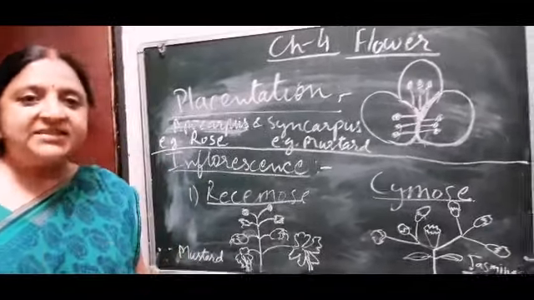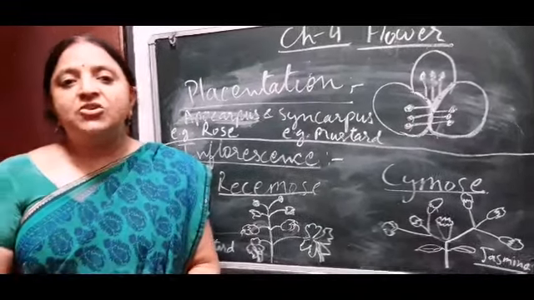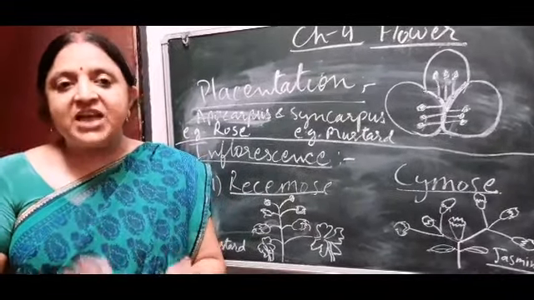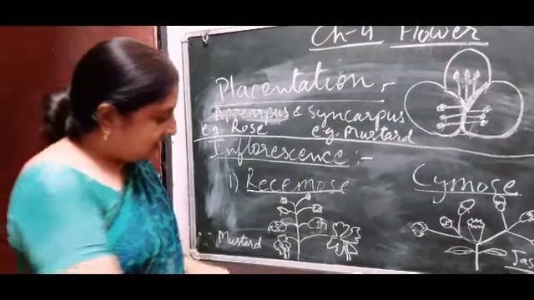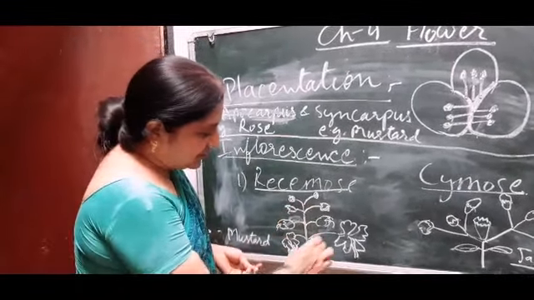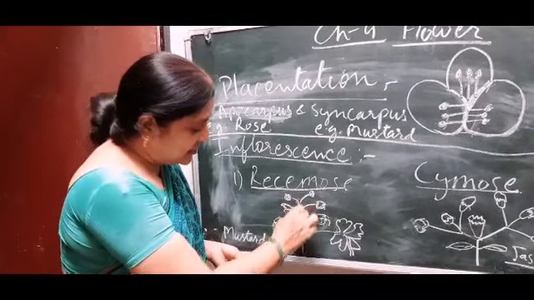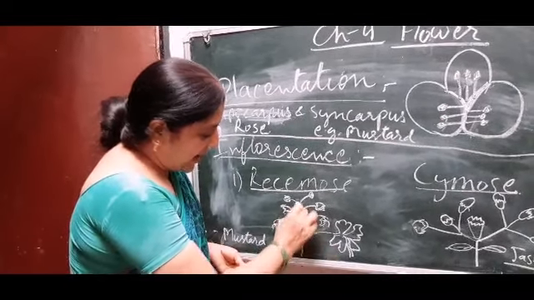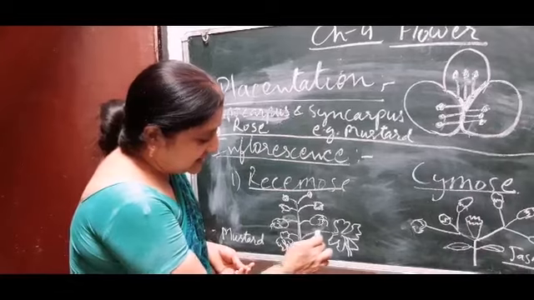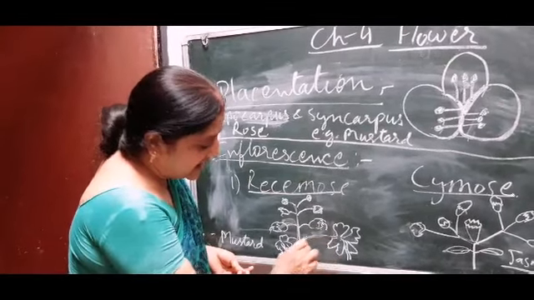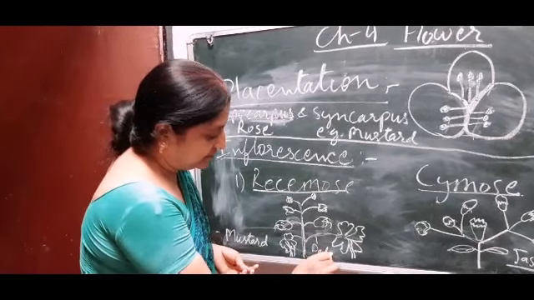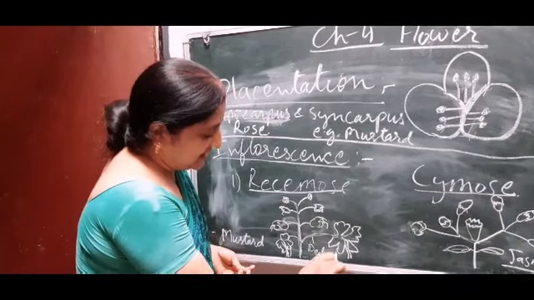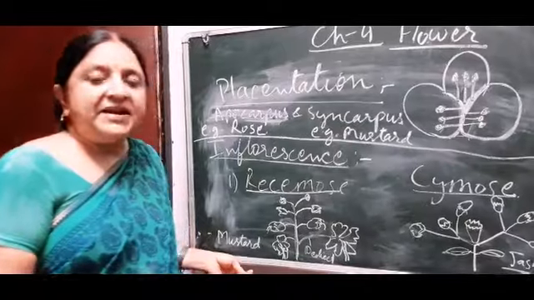The main axis on which the flowers are arranged is called the peduncle. The stalk by which the flower is attached to the peduncle is called the pedicel.